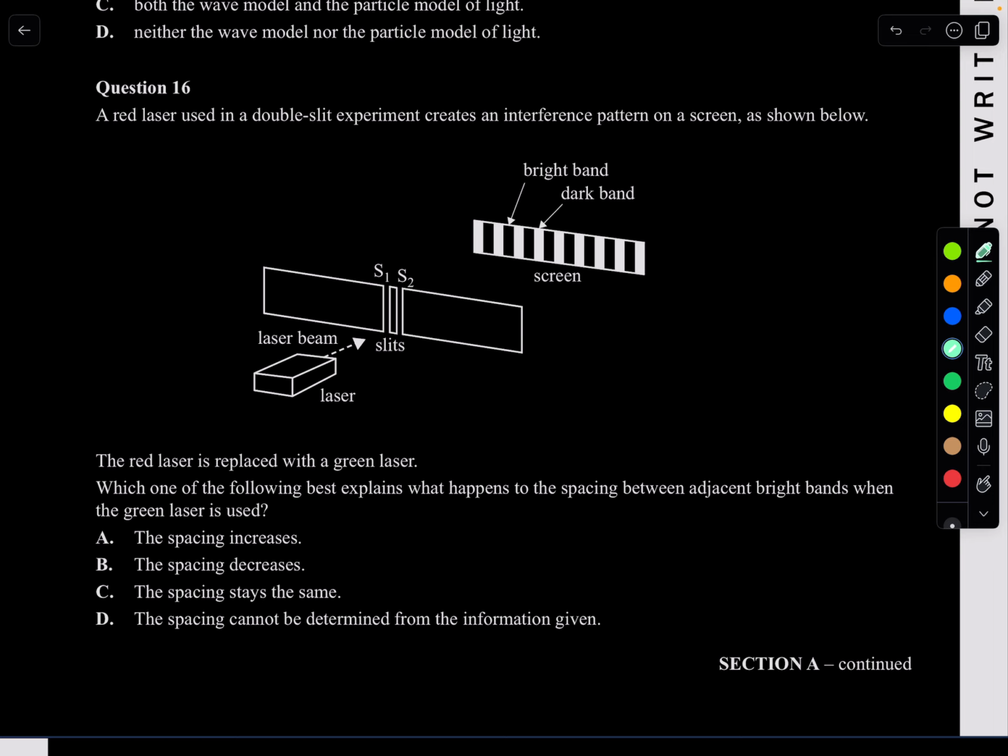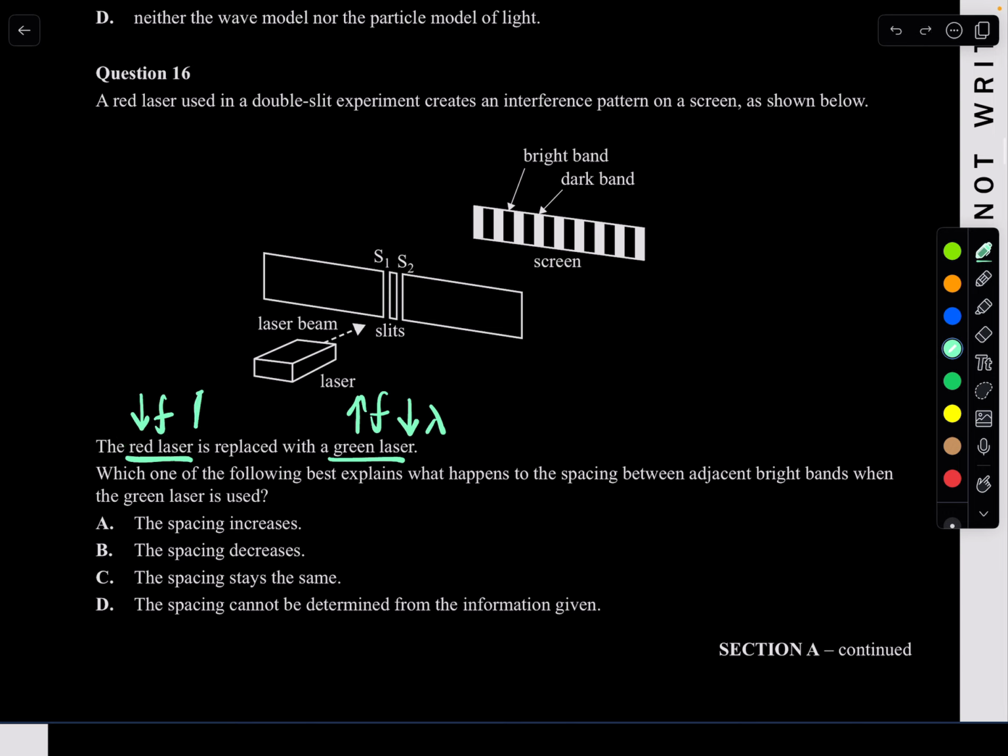So what's happened here? A red laser has a low frequency, and they've replaced it with a green laser, which has a higher frequency. And remember, frequency is inversely proportional to wavelength, so a high frequency means a low wavelength, and a low frequency means a high wavelength. So what we've done is decrease the wavelength.